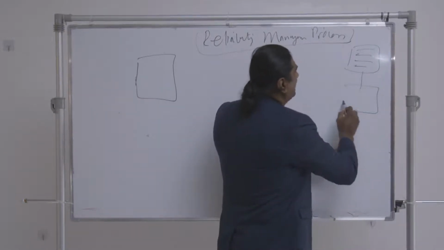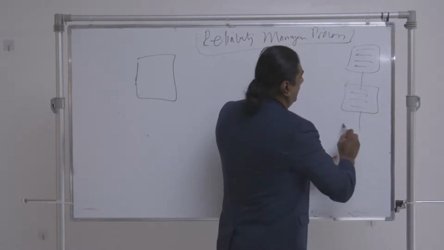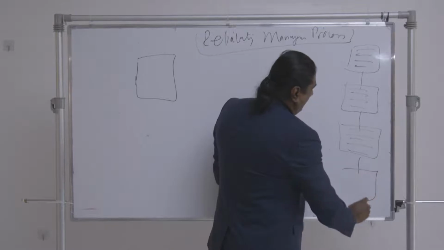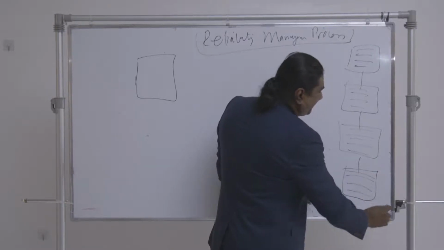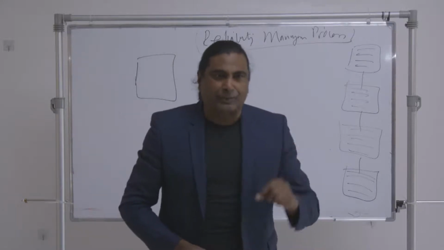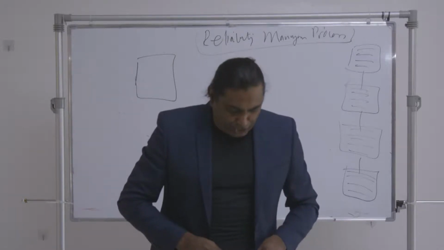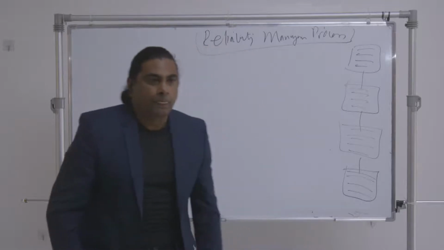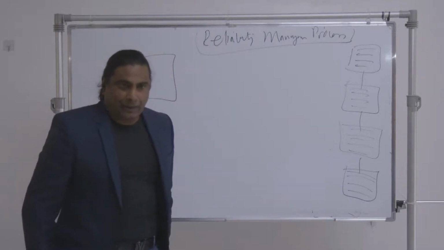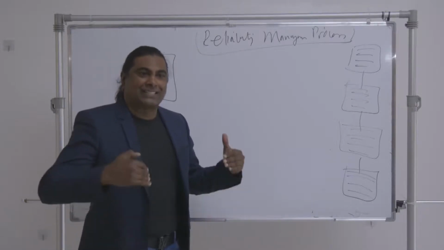Process map. Absolutely brilliant. Everything begins with process mapping. The heart of data-driven management is process mapping. And remember, when you map a process, your frame of reference is the client.